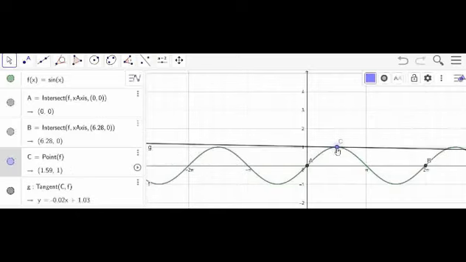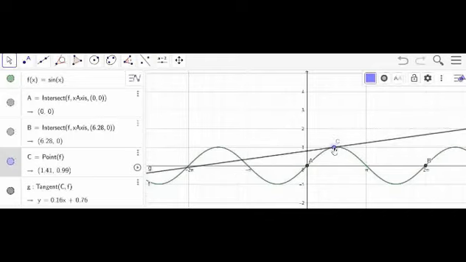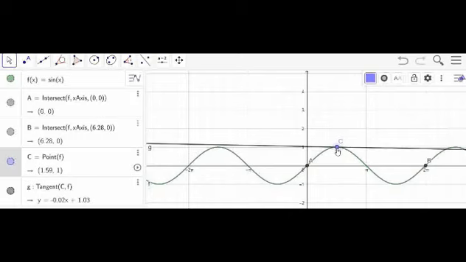So this is the point C equal to pi by 2. C equal to pi by 2 is the point where the tangent is parallel to the x-axis.